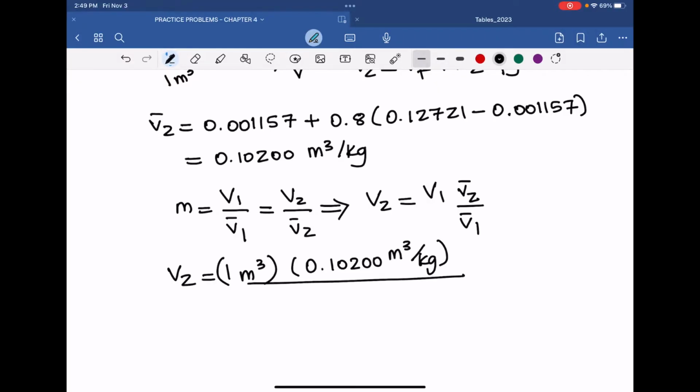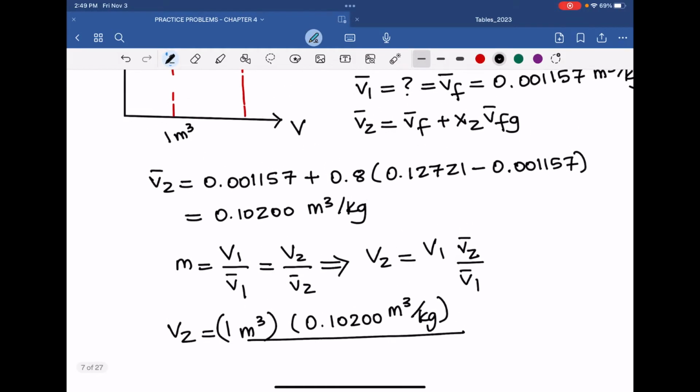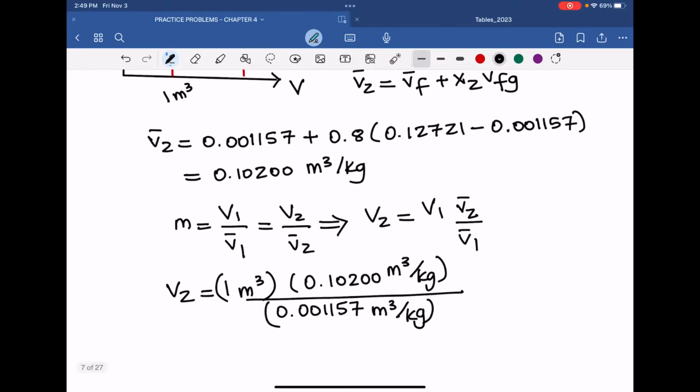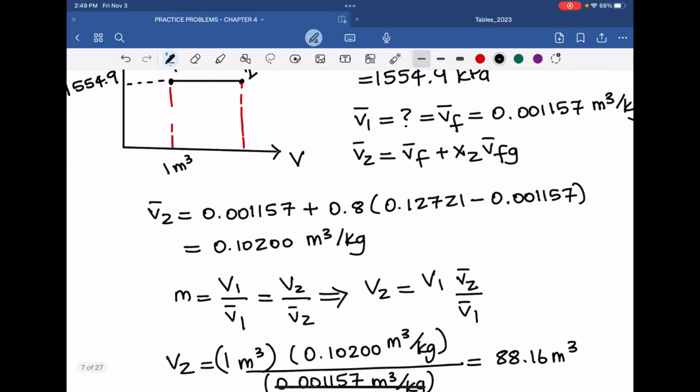And then V1 was... okay, so this should guide you to the correct volume, which is 88.16 meter cube. Okay, so this is our second state volume. We can write it here.